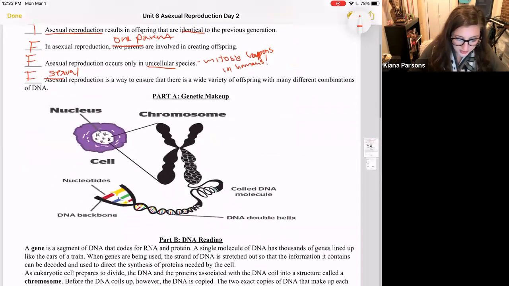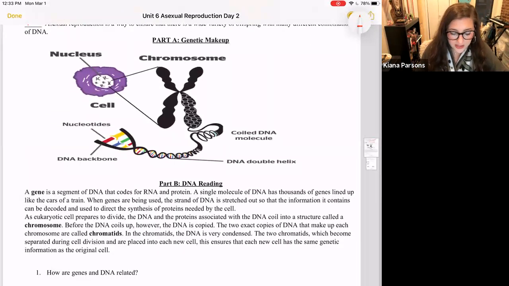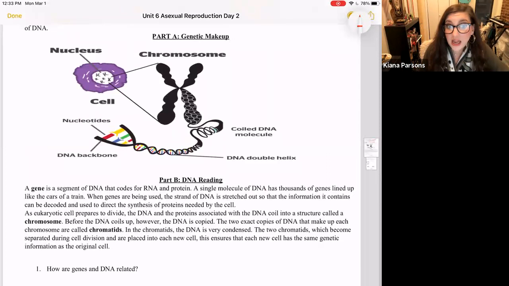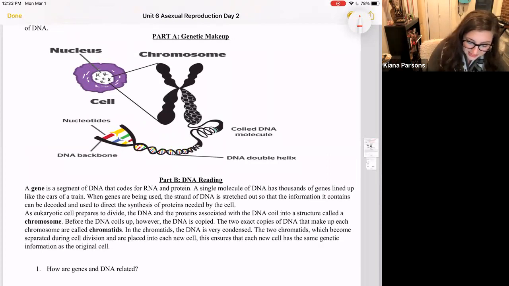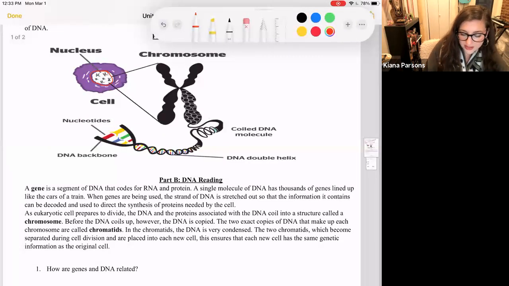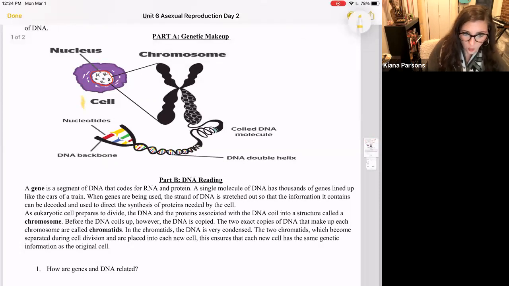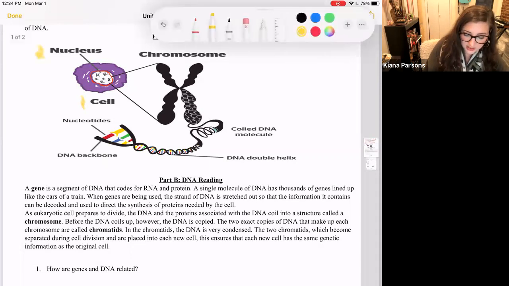So on here, we're taking a look at the basic components of the genetic makeup of a human and going through these in terms of size. So we have here a cell, and inside of the cell, there is the nucleus. So the cell is the largest, and the nucleus is the second largest.